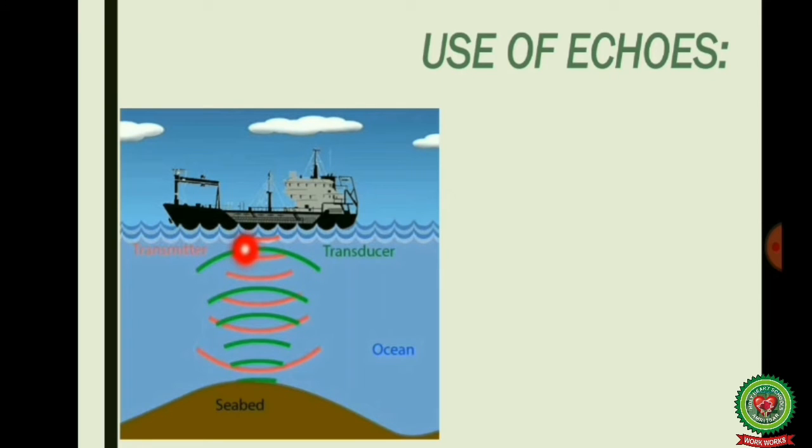These waves are received back by the transducer or receiver after reflection from an obstacle, which can be an enemy submarine, an iceberg, a sunken ship, or the seabed. And thus we can estimate the depth of the sea, judge where the enemy's submarine is, or estimate the distance of an iceberg or any other obstacle by using sonar.